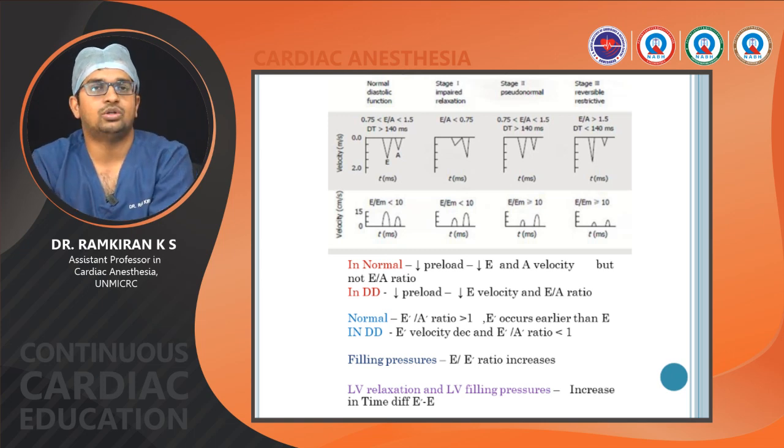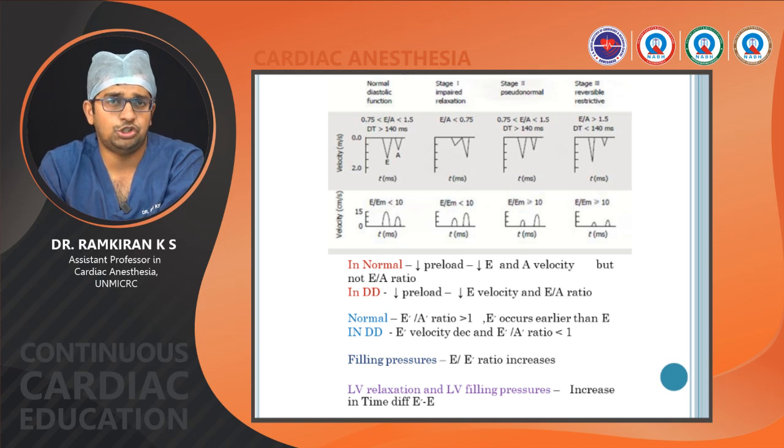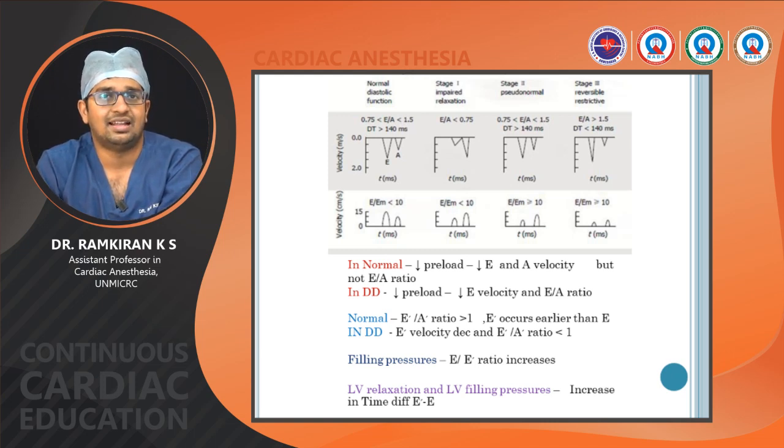So moving it to stage 1, that is impaired relaxation phase, and thereby decreasing the E by A ratio. And now coming to the tissue Doppler imaging, you can see in tissue Doppler imaging, the E by A ratio in normal patient is greater than 1, and E prime always occurs earlier than E. Whereas in diastolic dysfunction, E prime velocity decreases continuously, and E prime by A prime ratio is less than 1 in all phases of the diastolic dysfunction.